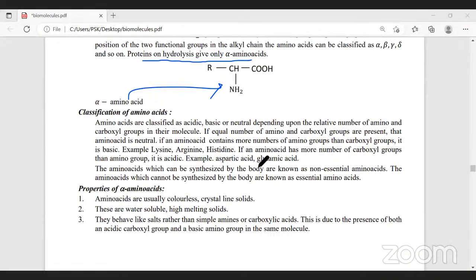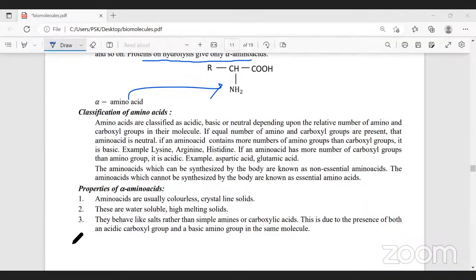Amino acids which are required for the body, which are supplied through diet, will be called as essential amino acids. So remember, we have two types of amino acids based on the requirement. One is essential amino acid. The other one is non-essential amino acids.